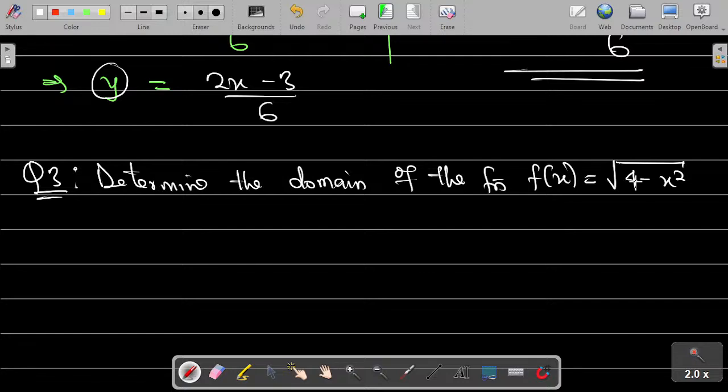So here we are asked to determine the domain of the function f of x equal to the root of 4 minus x squared.